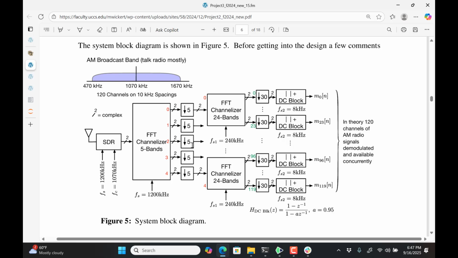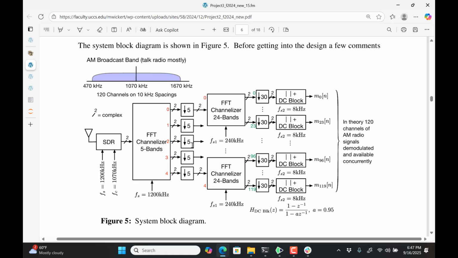At any rate, in this case, AM radio runs from 470 to 1670 kilohertz, and the center of that band is 1070. So what we're going to do in this project with the channelizer is we're going to digitize with a software-defined radio, set the center frequency at 1070.